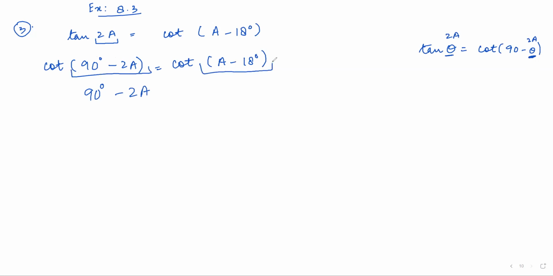That is why you're getting it equal. So 90 minus 2a is a minus 18. Now you can remove degree and simplify. So 90 plus 18 is equal to a plus 2a. That means 3a. You get 108 is equal to 3a. This will give you 36 degree is equal to a. That's the answer.